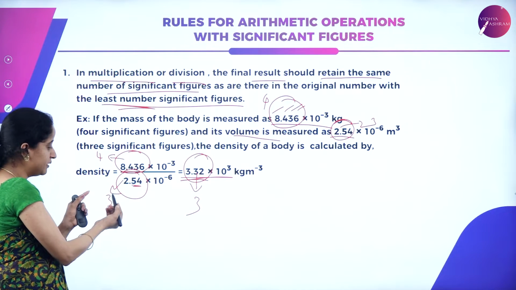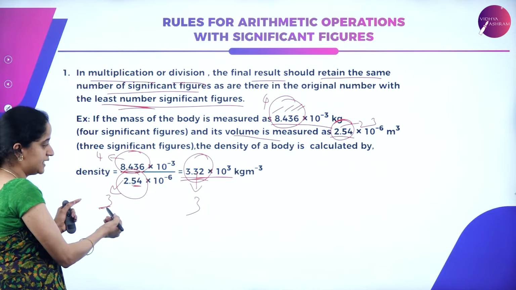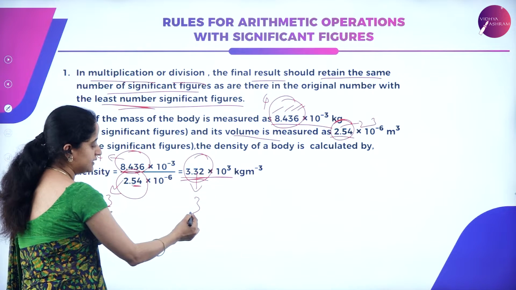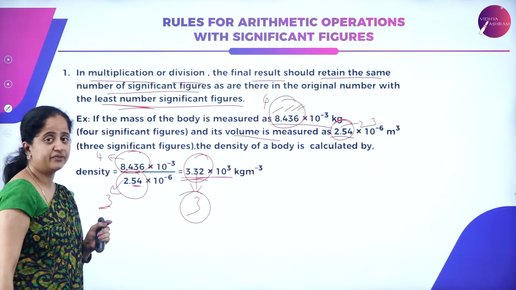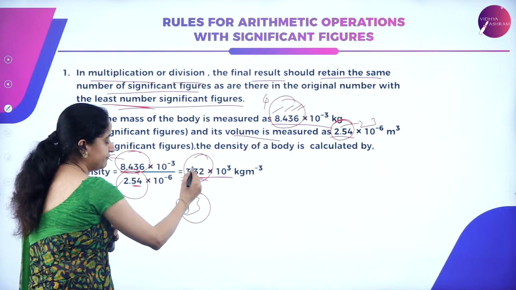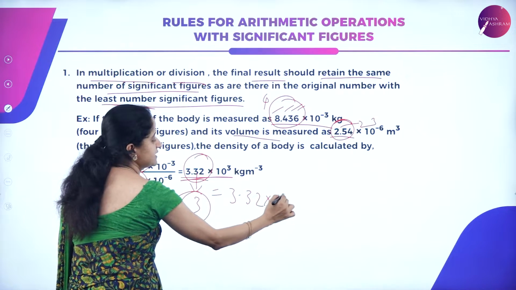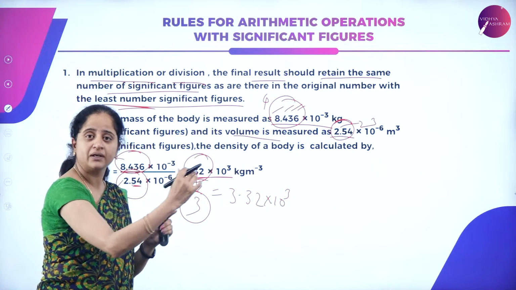Here the original number with least number of significant figures is 3, and hence the final answer is also retained with 3 significant figures, and hence I have taken only 3.32 into 10 power 3 instead of 3.3212 and so on.